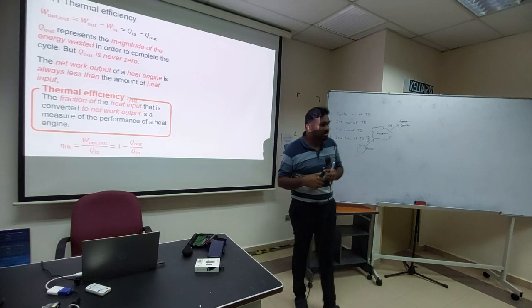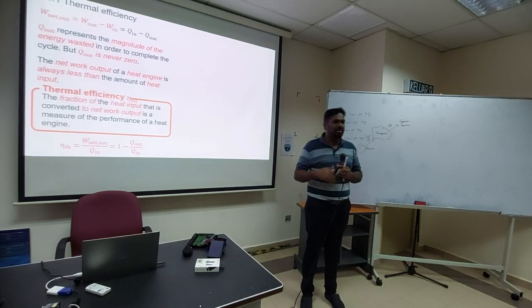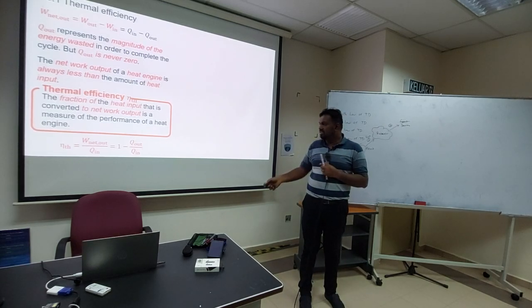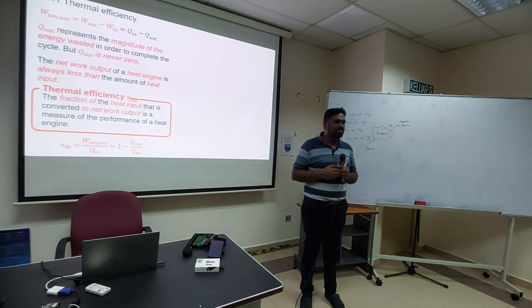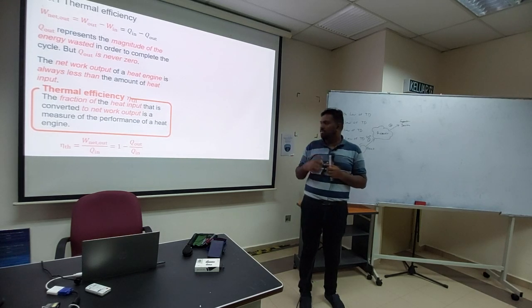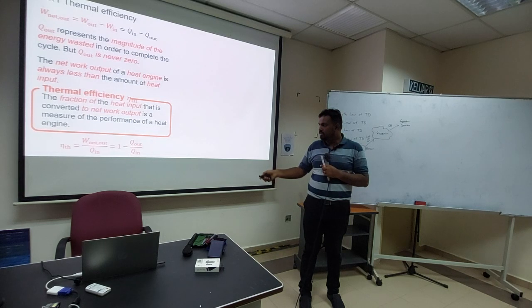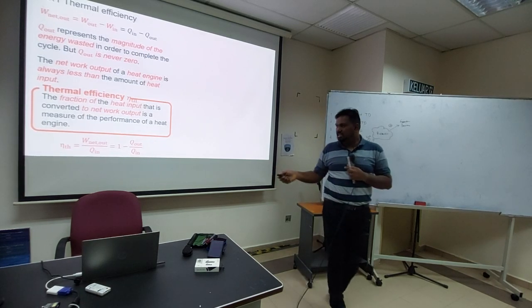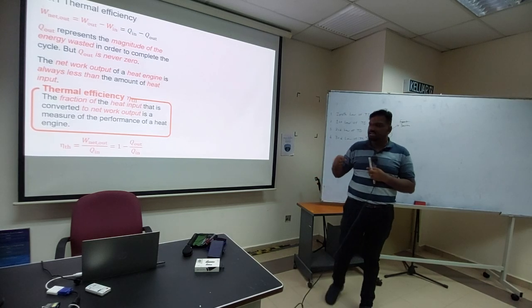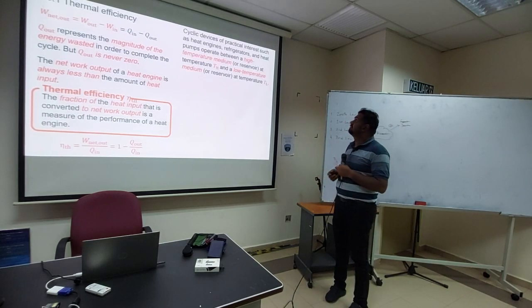If the question says it is a turbine or a heat engine, normally we will give this formula. You just need to know what values to put in to calculate the efficiency. You will see the calculation questions at the end of the chapter.